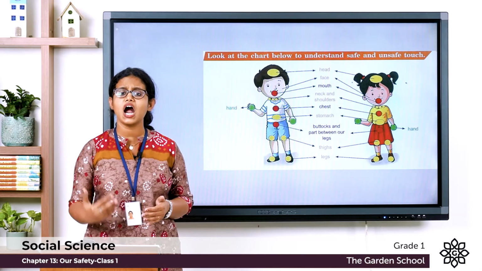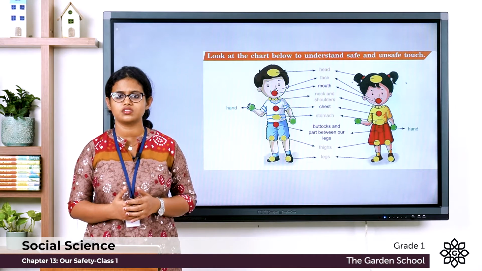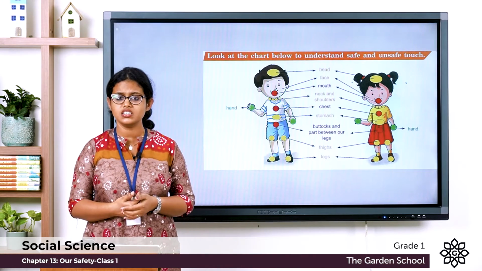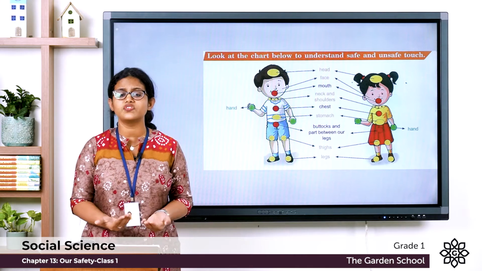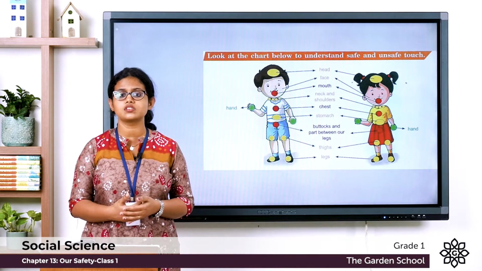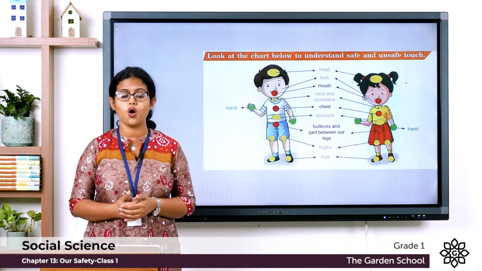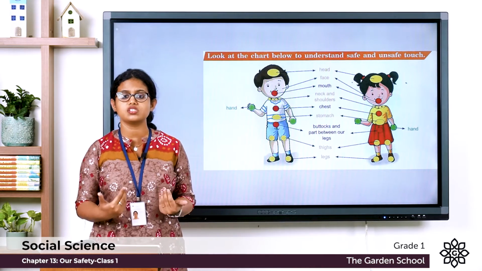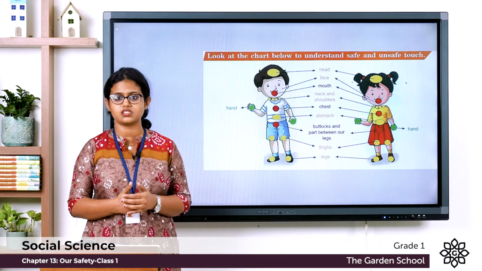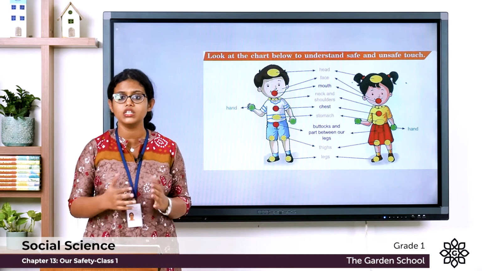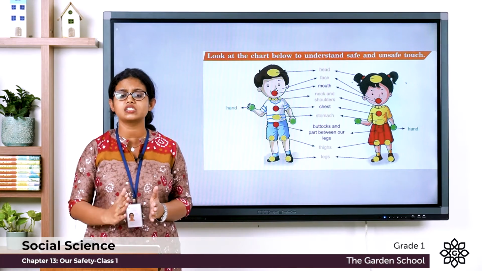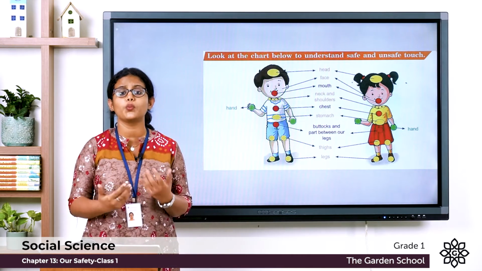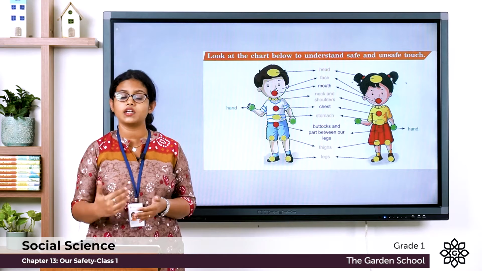Then, what is unsafe touch? The touch that makes us feel uneasy, scared, uncomfortable, that is unsafe touch or bad touch. When a person touches any private part of our body, that is unsafe touch.